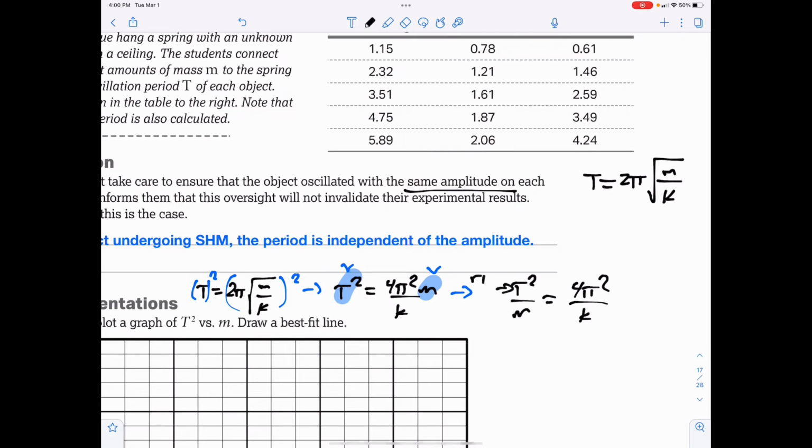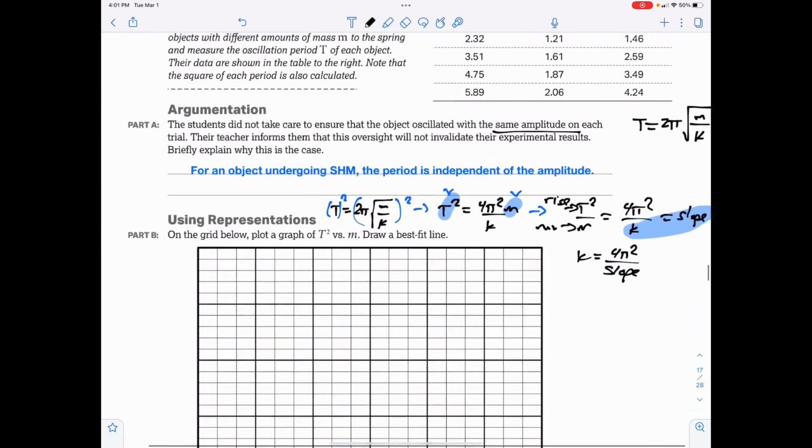T squared, there's your rise. Mass, that's your run. Rise over run is equal to your slope. So how do we solve for the spring constant if we need to? We switch those two, and k is going to be 4 pi squared divided by your slope.